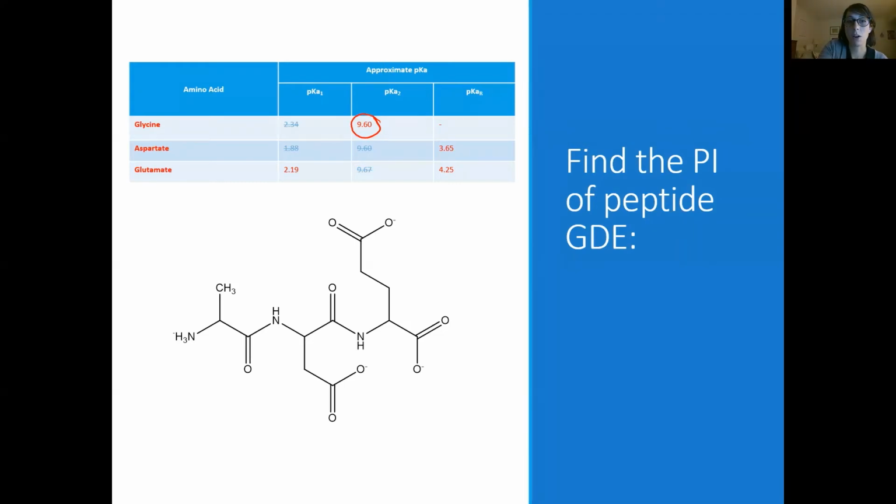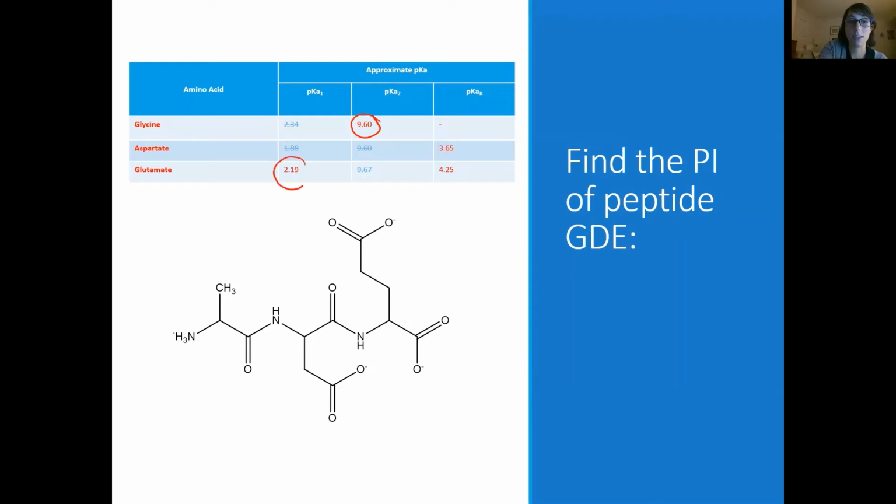Now, for our carboxyl end terminal of this particular peptide, we are going to be using glutamate. So the glutamate part of the peptide has the carboxyl end.